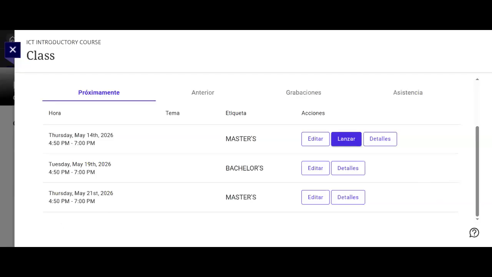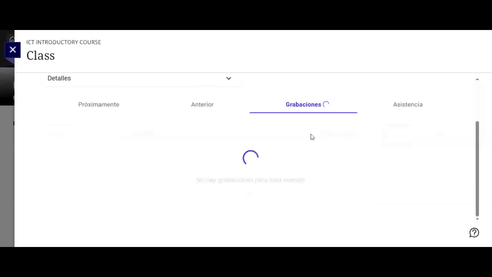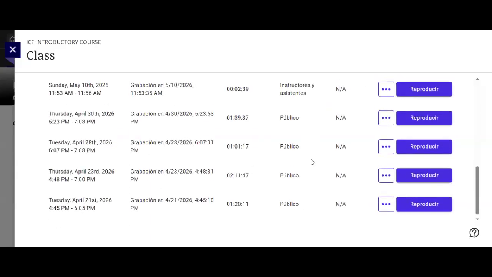So here we are on the 14th, and the 21st is our last class. In fact, for the bachelor's group, our last class is next Tuesday. Oh my goodness. This was a little quick.